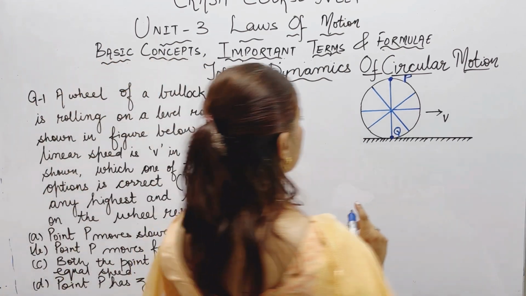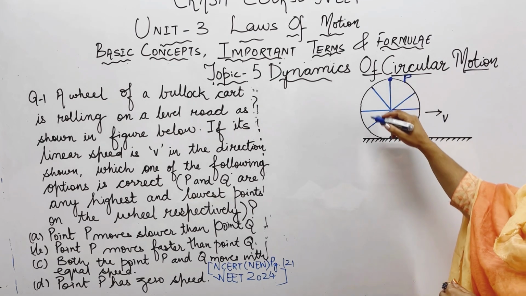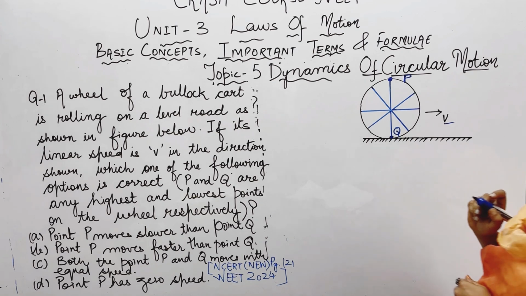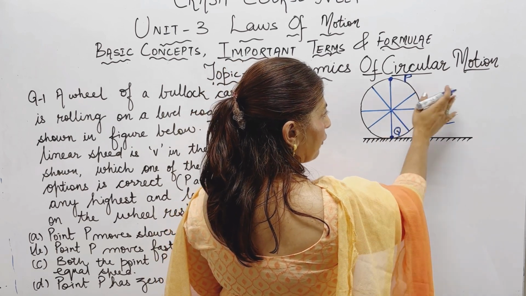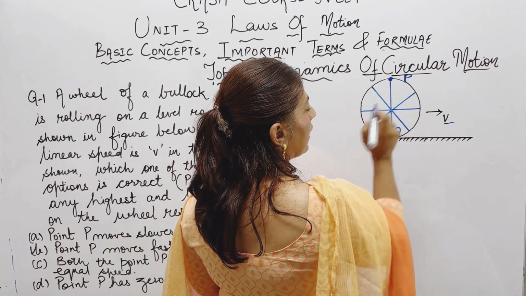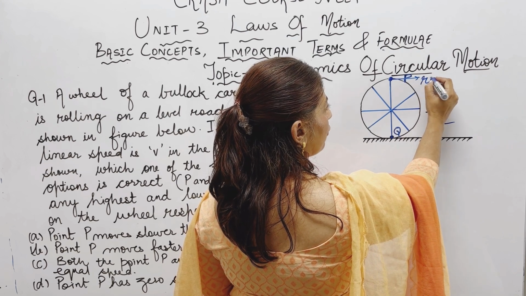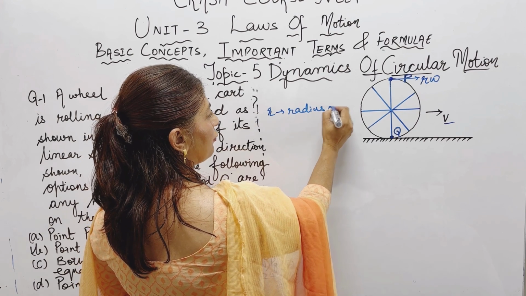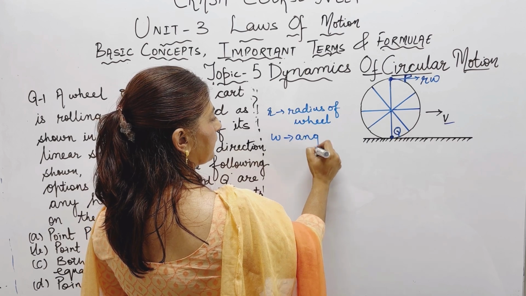To solve this question, we have to see the types of motion involved. This is a wheel that is moving in this direction with linear velocity v. Every point of this circle is moving in the forward direction. Along with that, there is a circular motion within it. At point P, the speed due to rotation is r omega, where r is the radius of the wheel and omega is the angular velocity.